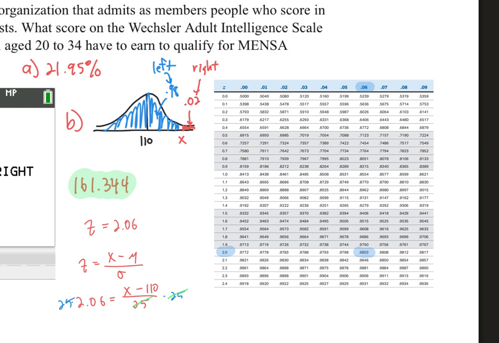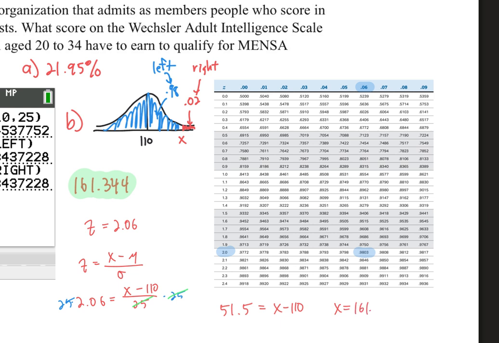Cancel those out. So 2.06 times 25 is 51.5. And that equals x minus 110, and then just add 110 to both sides, and you get 161.5. Okay, so pretty close. A little off from what we got in the calculator, but pretty close.